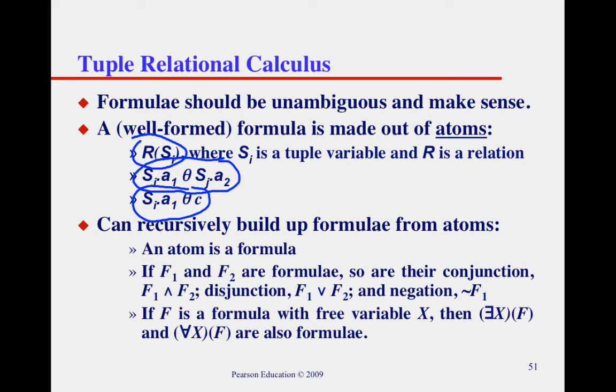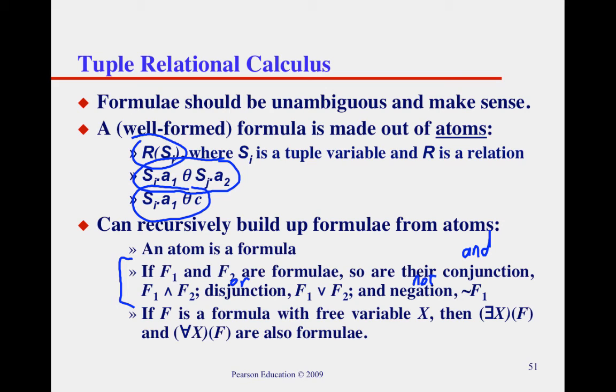So very simple formulas. Then you're allowed to combine them using the Boolean operators. In relational algebra, they're called conjunction, disjunction, and negation. In Boolean logic, they're called and, or, and not. So don't be misled. Conjunction is simply and, disjunction is or, negation is not.